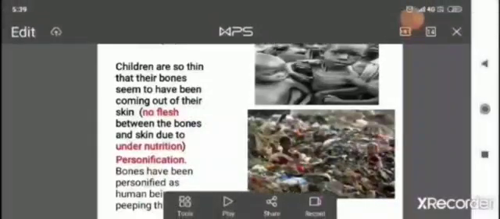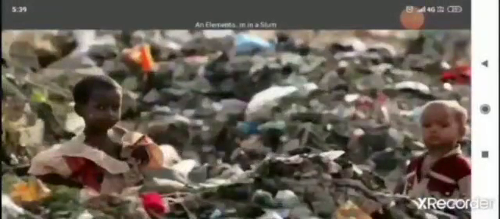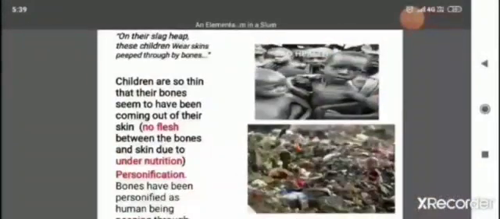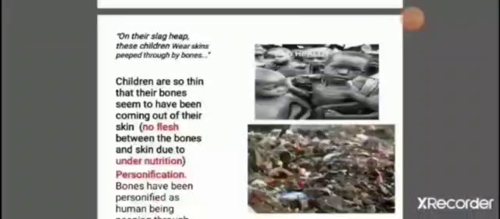Now have a look at this second picture. This is the way these two children can be seen in the mid of the garbage. And this is the same condition where this slum classroom is situated. So the poet calls it a slag heap, that on their slag heap these children wear skins.